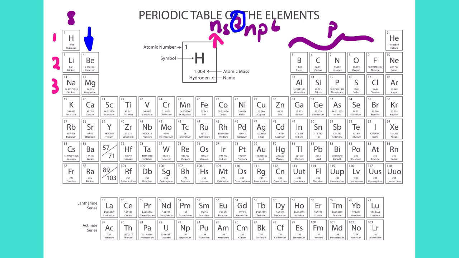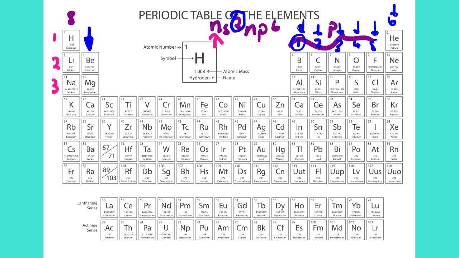Remember, for the p orbital we have 1, 2, 3, 4, 5, 6. So this row is actually p1, p2, p3, p4, p5, p6.